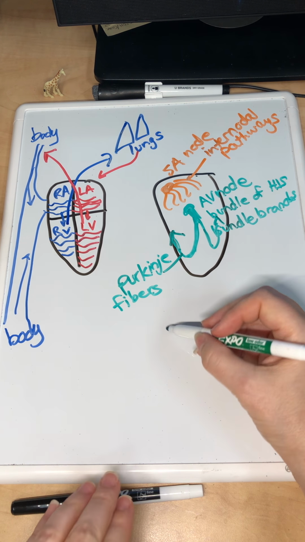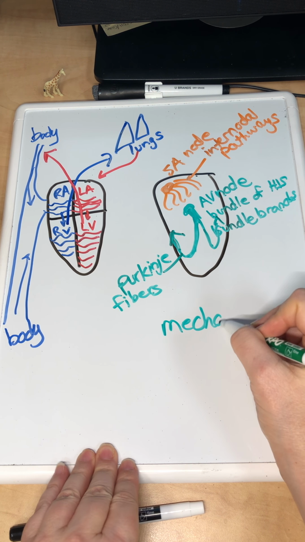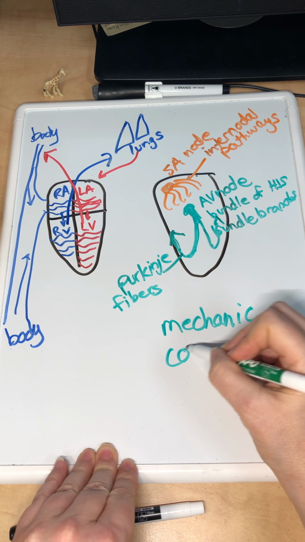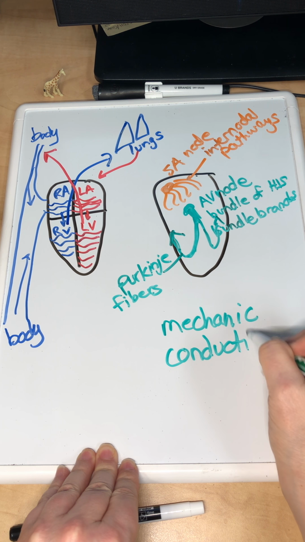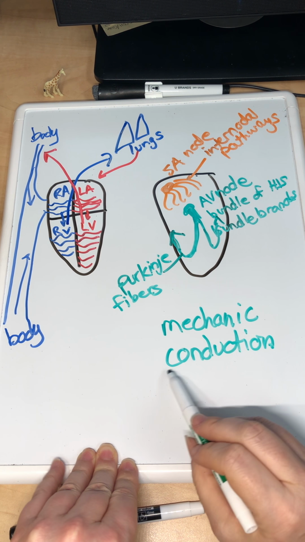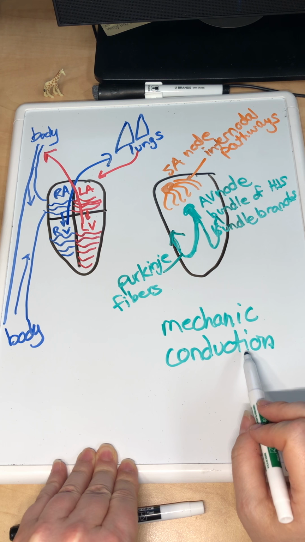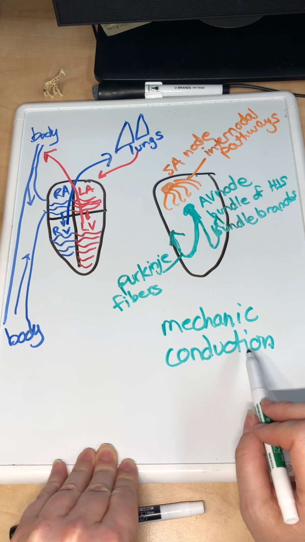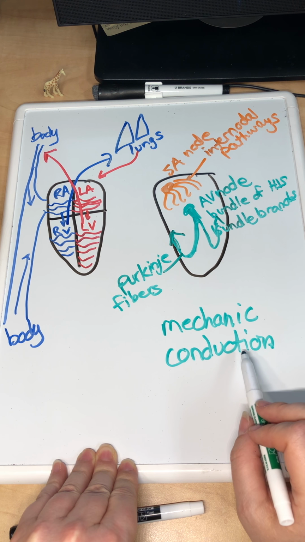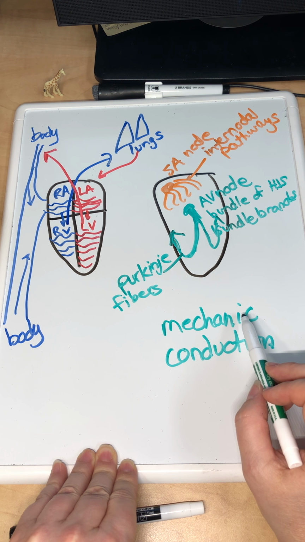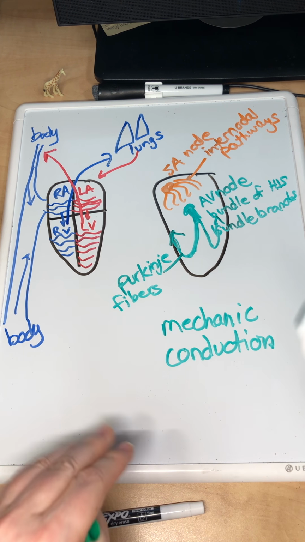We have mechanical cells and we have conduction cells. So the conduction cells are responsible for transmitting electricity through the heart so that the mechanical cells can produce a contraction.